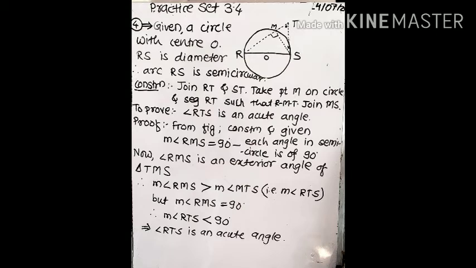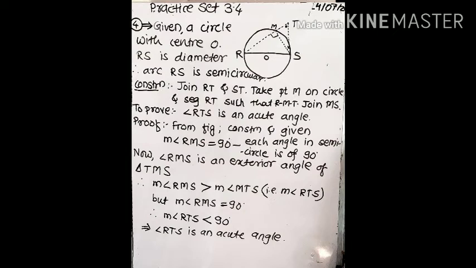We have written here in the proof, from construction and given information we get angle RMS is equal to 90 degrees. Angle RMS, if we observe clearly the figure, is the exterior angle of triangle TMS, and by the remote interior angle property, measure of angle RMS is the sum of angle T and angle S.